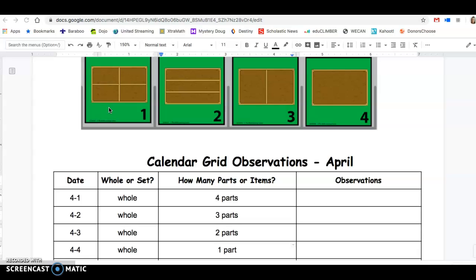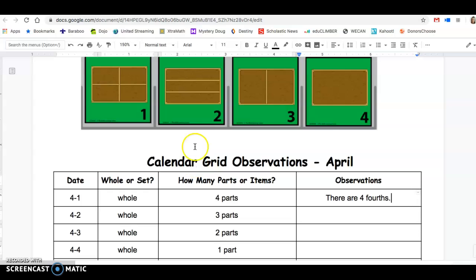Well, I noticed that in calendar marker number 1 that there are 4 fourths. 1/4, 2/4, 3/4, and 4/4. So I'm going to write that in the observations box. There are 4 fourths. All right. Maybe there's something else that you have observed and can tell someone at your house about it.